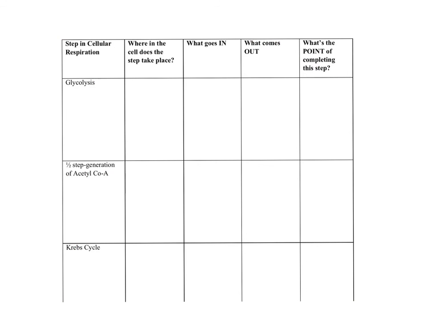All right, so let's just take a sec and recap. Remember, glycolysis is in the cytoplasm. Right? What's going in is glucose, right? So C6H12O6, and I'm really sorry, my handwriting is awful, I know.